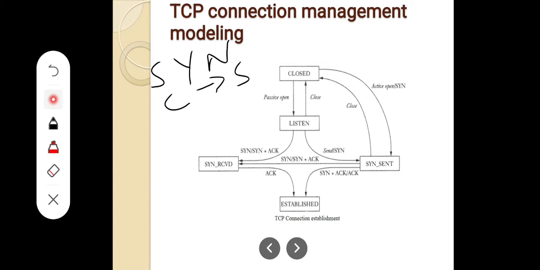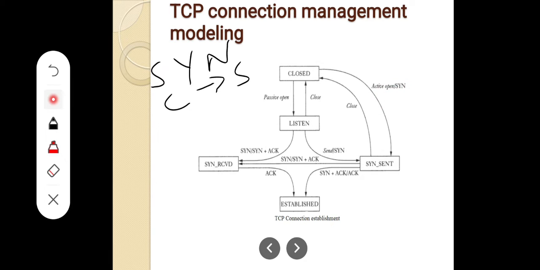As soon as this SYN packet is transmitted, the client will be moving from the closed state to the SYN send state. SYN send state means the client has sent the SYN message to get the connection with the server. So from the closed state it will be moving to the SYN send state, and at that time we will be sending the SYN message.